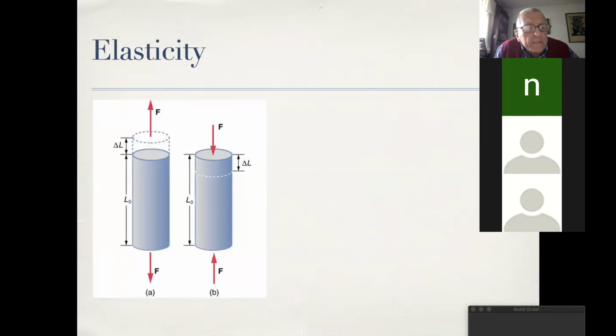So let's look at the situation in 3 dimensions, and let me first look at a cylinder to which I have applied a force which pulls it in both directions.